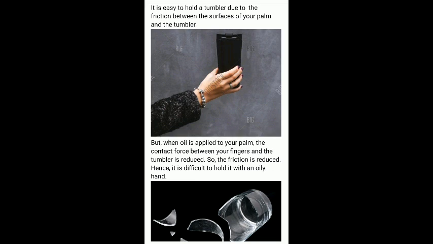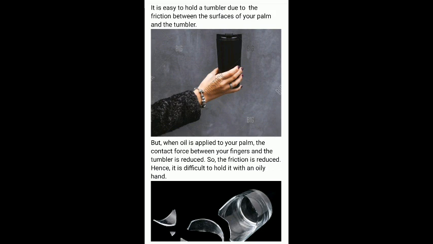But if you apply oil on your palm and hold the tumbler, the contact between the fingers and the tumbler is reduced, so the friction is reduced, and it is very difficult to hold it with an oily hand. Therefore, the friction also depends upon the surface of the object.